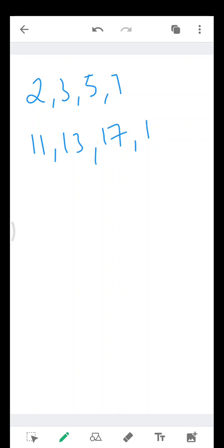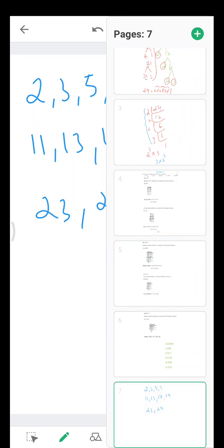You should begin with 2, 3, 5, 7, then comes 11, 13, 17, 19, then 23, 29. You learn about the prime numbers from 1 to 100 in 9th class. So make sure you use these numbers when you are solving these questions.